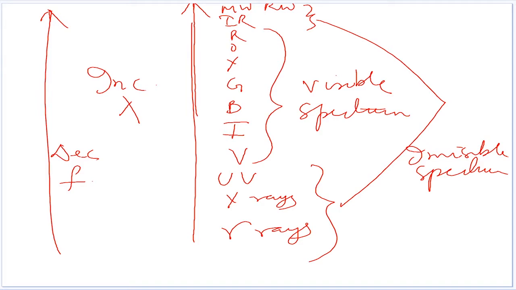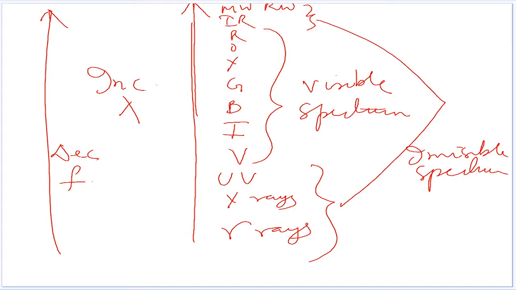That means gamma rays have the least wavelength and maximum frequency, while radio waves have the maximum wavelength and least frequency.